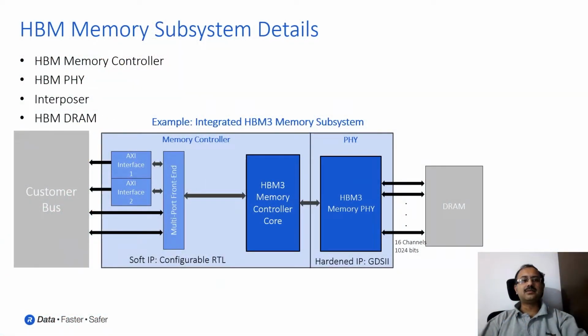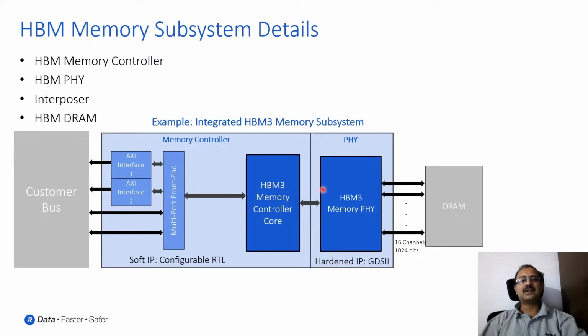To understand the HBM architecture, let us first have a look at the HBM memory subsystem. The HBM memory subsystem consists of a memory controller, a PHY, the interposer which connects the PHY to the DRAM, and of course the HBM DRAM. The HBM memory controller is connected to the GPU or CPU infrastructure where the actual AI application runs, and the AI application or the GPU is connected through an AXI interface to the memory controller.